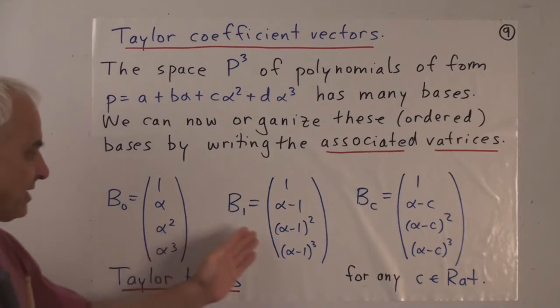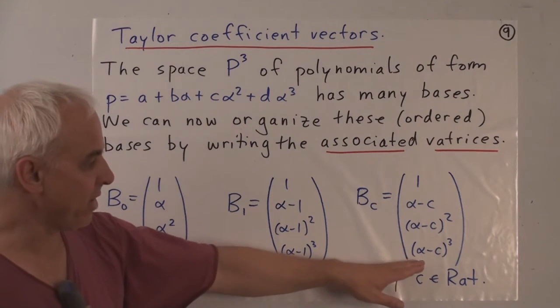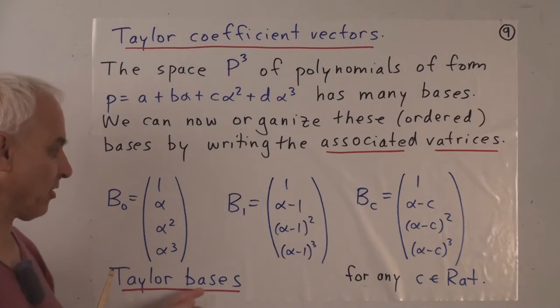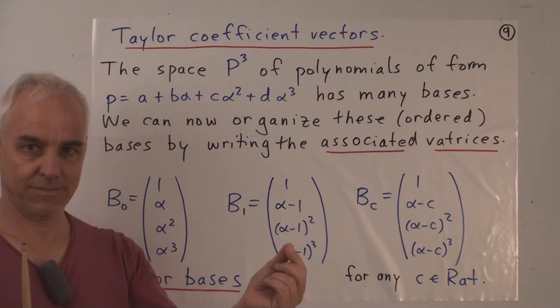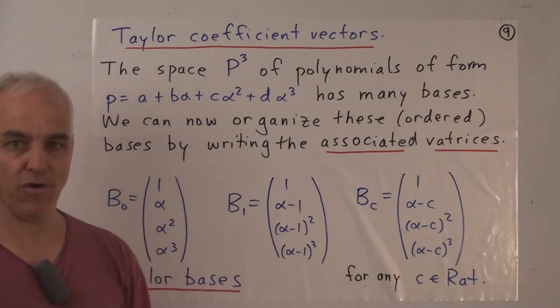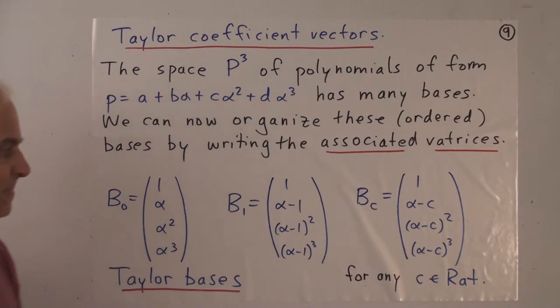So these are special cases. This is the general formula. There's really such a Taylor basis for every point on the line. There's a whole family of these Taylor bases.